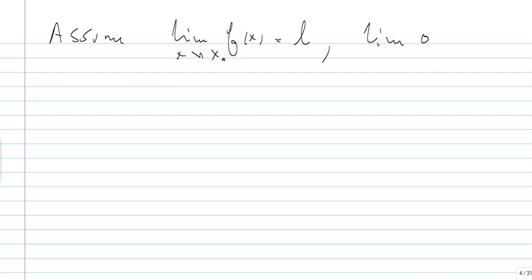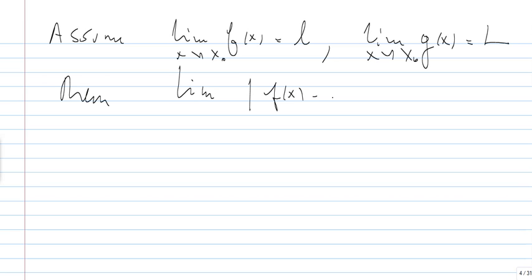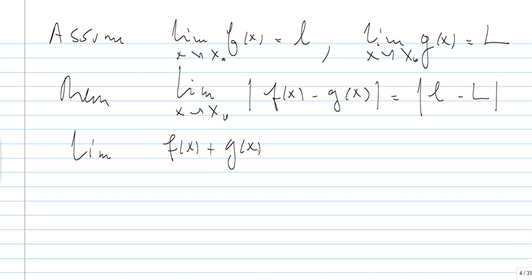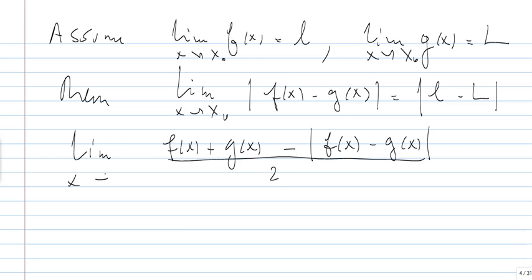Because if we assume that the limit of f of x when x goes to x0 is equal to small l, and the limit of g of x when x goes to x0 is equal to capital L, then the limit of the absolute value of f of x minus g of x when x goes to x0 is going to be equal to the absolute value of l minus L. This is where we use, of course, the properties of the limit.